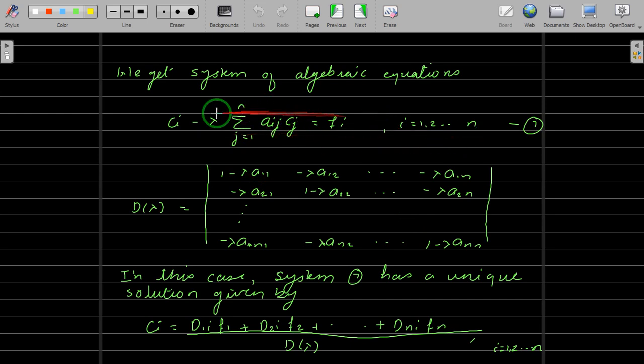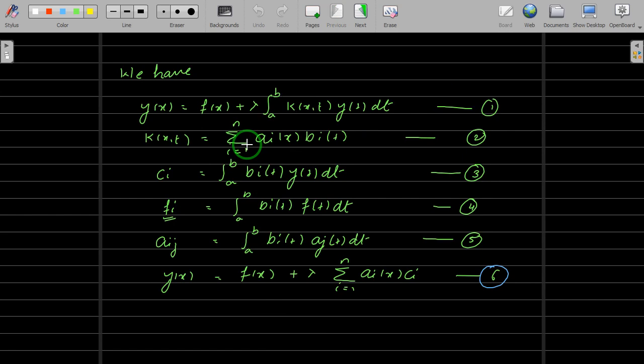When you see equation number 7, you have Ci minus lambda summation Aij Cj is equal to Fi. So if you are not finding Fi, that means your system is wrong. And again, you don't have to go for the system, you have to start from the beginning. How you got equations 1, 2, 3, 4, 5? You have to start from scratch. You are not supposed to assume that Aij is nothing but Bi(t) Aj(t). You have to start from scratch.